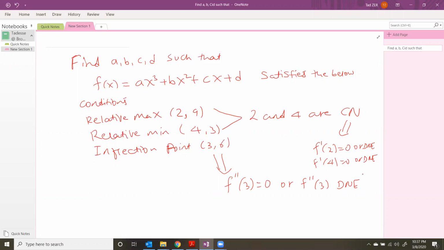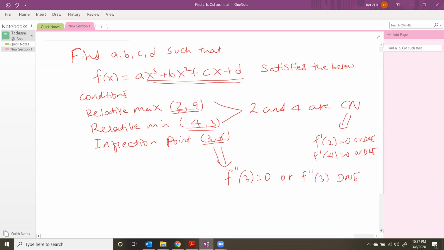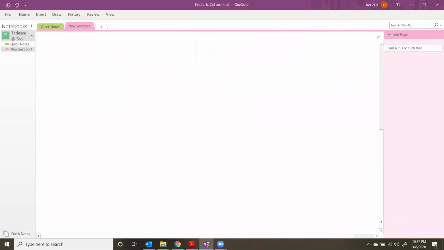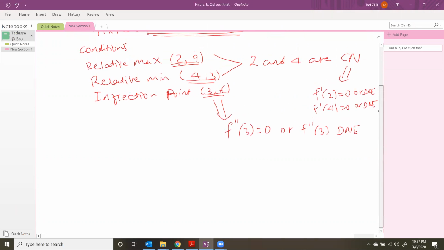All right, let's start. We know that these points (2, 9) and (4, 3) are on the graph of this function. On the graph means when x is 2, y will be 9, and when x is 4, y will be 3. Let's just grab the points.